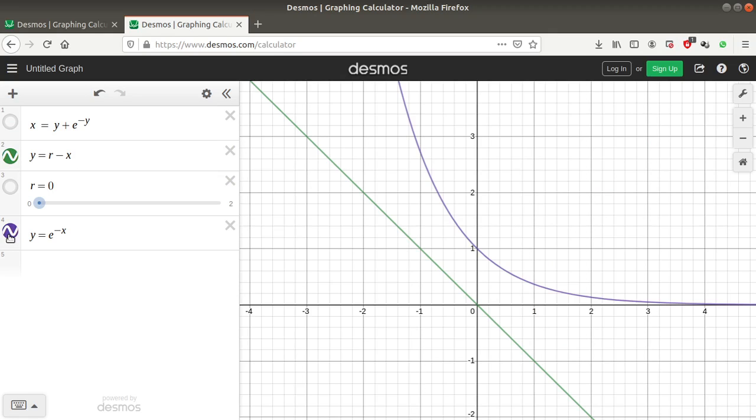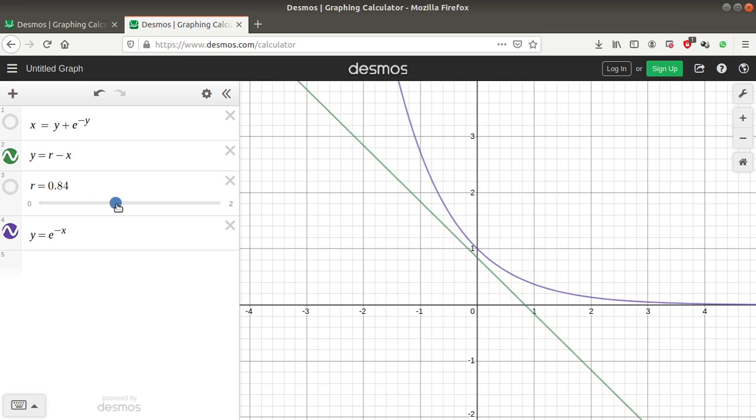When r is equal to 0, they are not intersecting. Now I am going to slowly increase the r value, and you can see the g1 line is shifting.